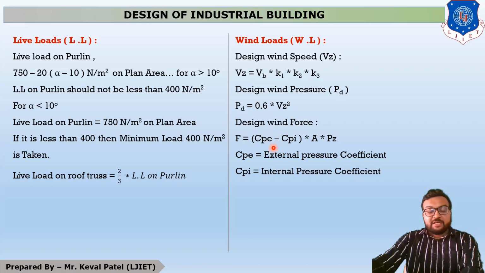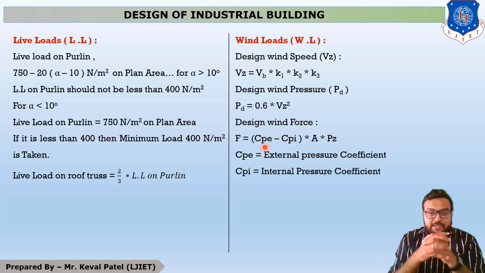Why we have to select minus, we will discuss later in the next lecture. So it is Cpe minus Cpi into A into Pz. Now what is Cpe? Cpe is our external pressure coefficient, and Cpi is our internal pressure coefficient.